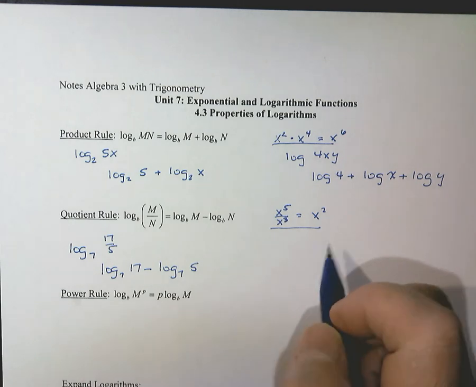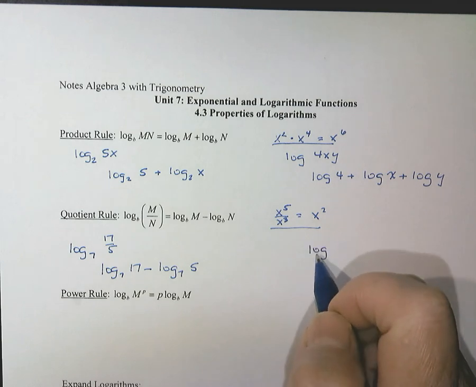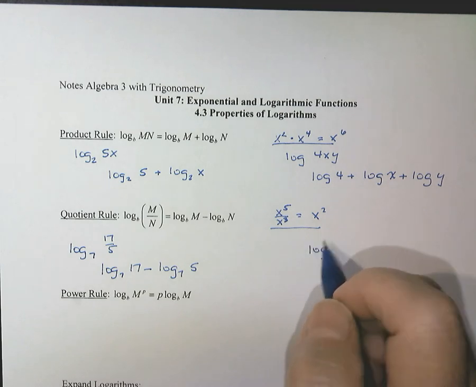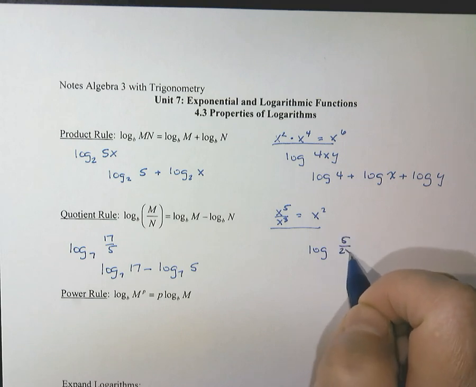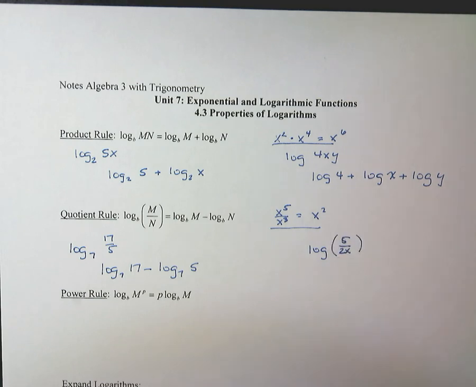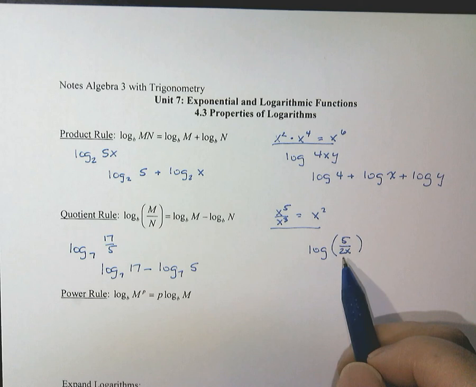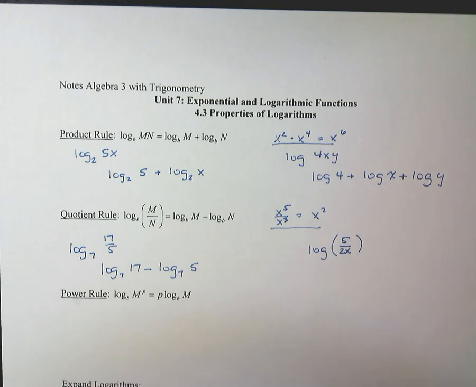Here's another example. If I had log, once again a common log so I'm not going to write the base, of 5 divided by 2x. This is where some students start getting a little confused, and you just have to be a little more careful. This is saying that 5 is divided by the 2 and the x. There are a couple different ways to write this.